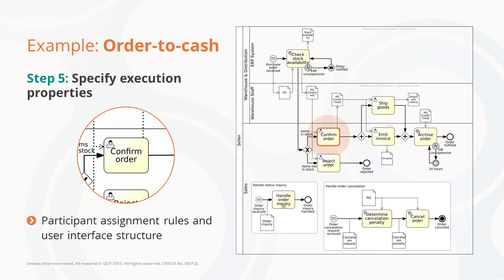The last type of execution properties is about specifying participant assignment rules and the structure and look and feel of the user interface. So meaning how the form is going to look on screen, how data is going to be presented to the human participant and how his input is going to be grabbed by the BPMS.